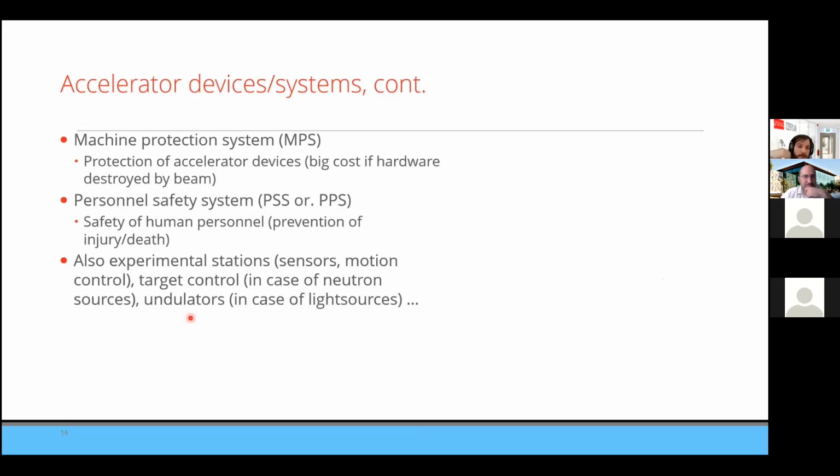And because the machine protection system is placed all over, for example, a synchrotron, we are talking about a distributed system again. And you have the cable length that is also challenging for this machine protection.